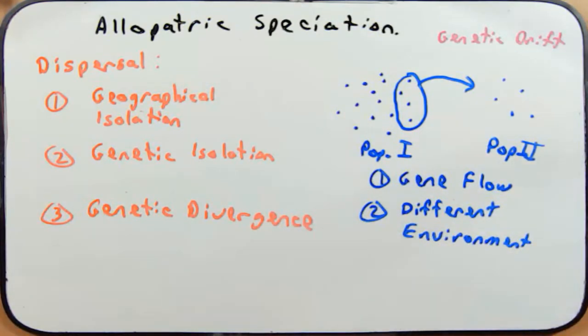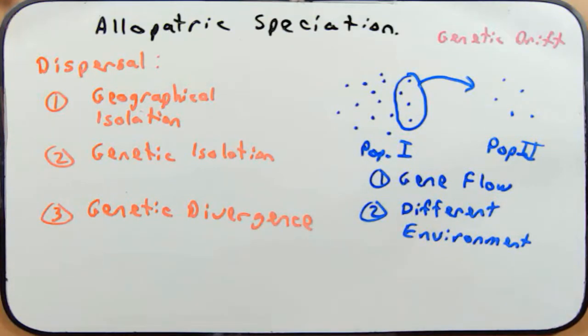Two different environments that are 10 miles apart from each other are probably not going to be that different. So it's going to be less likely that natural selection can be a factor. However, if you talk about a 500, 1,000, 2,000 mile separation, then you're talking about quite a bit of a difference in the environment. Maybe it'll be colder, maybe it'll be warmer, maybe it'll be wetter, maybe it'll be drier.